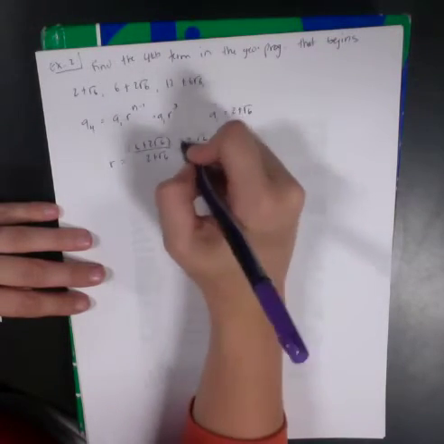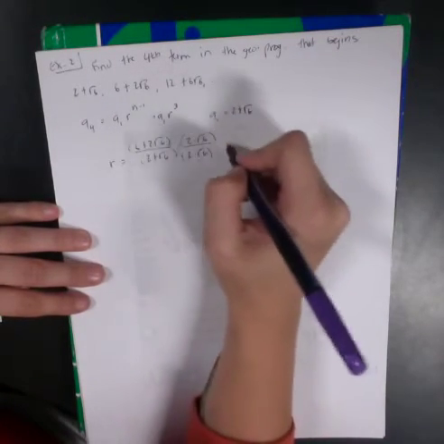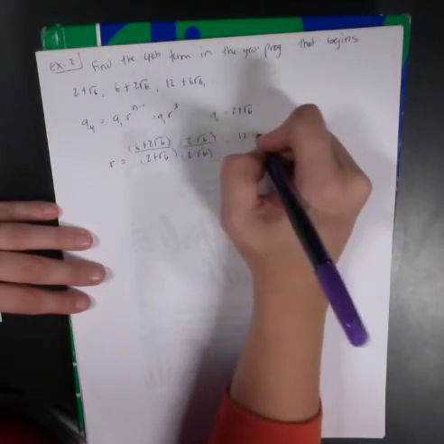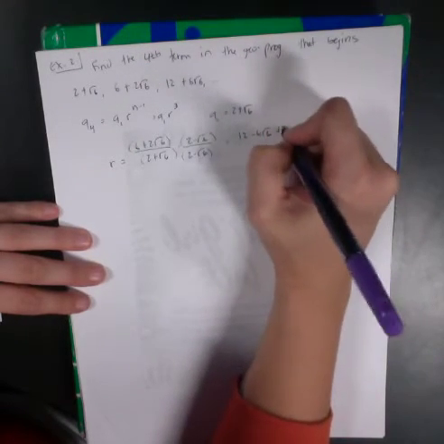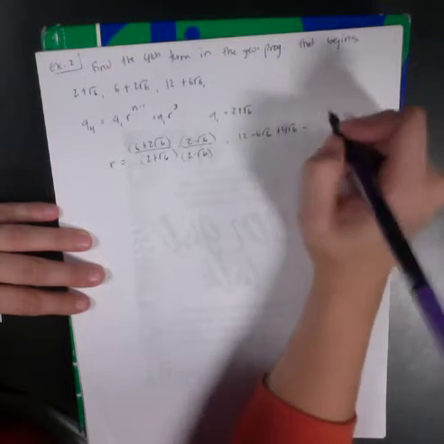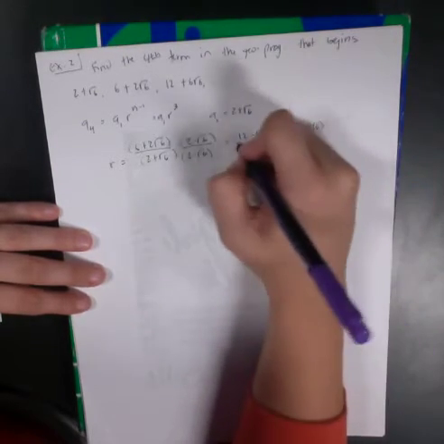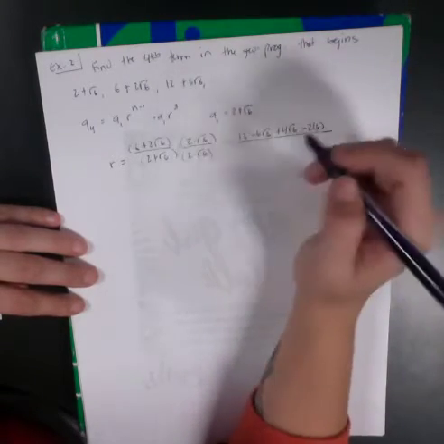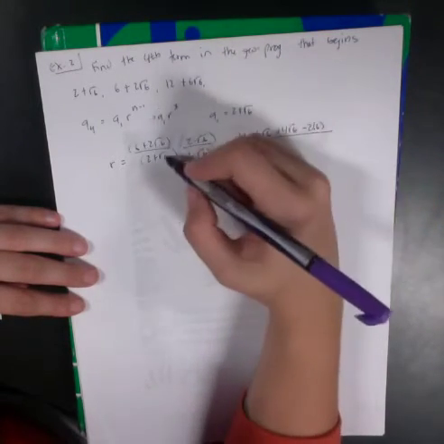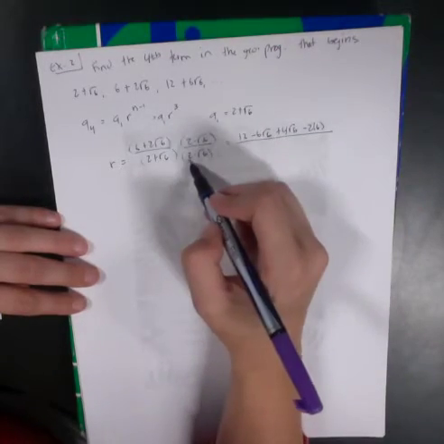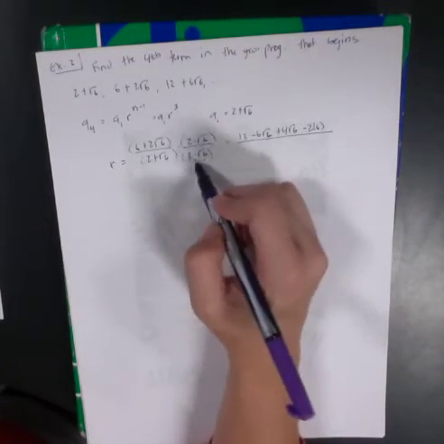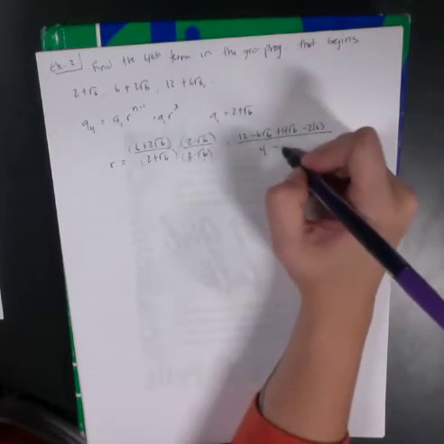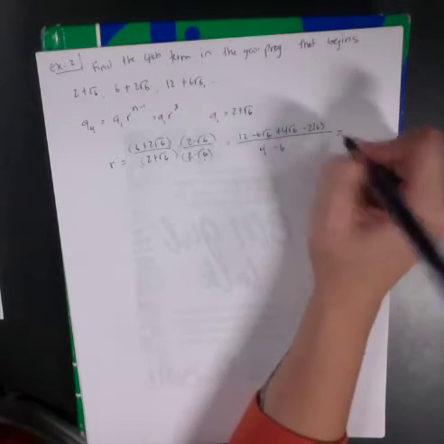And if I multiply these on top and on bottom, on top I will get 12 minus 6 root 6 plus 4 root 6 minus 2 times 6. On bottom, if you multiply it out, you'd have 2 times 2, which is 4, minus 2 root 6 plus 2 root 6, which goes away, and then we have minus 6.